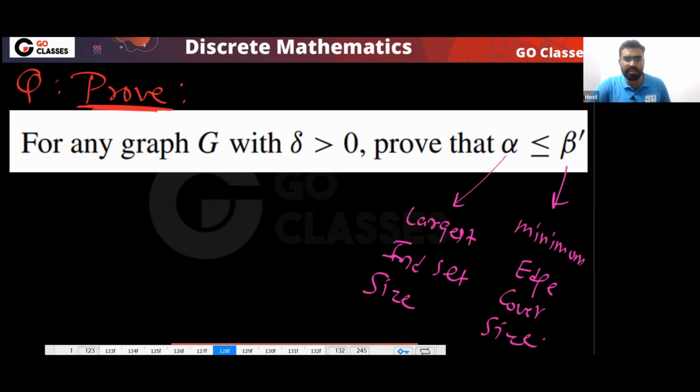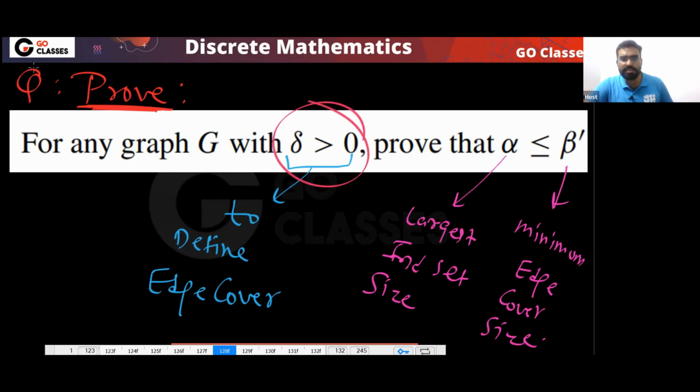We need this condition so that we can define edge cover. Otherwise edge cover will not be defined. Only in this case is edge cover defined.